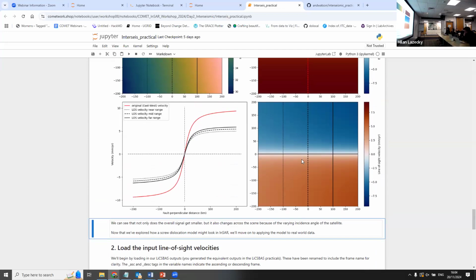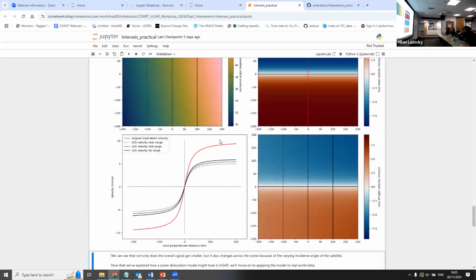If you take profiles along the range direction, you can see the 1D profile of line of sight velocities will be a little bit different from the fault parallel velocities. You can also see that the line of sight velocities are different at near range, mid range, and far range due to the change of incidence angle.